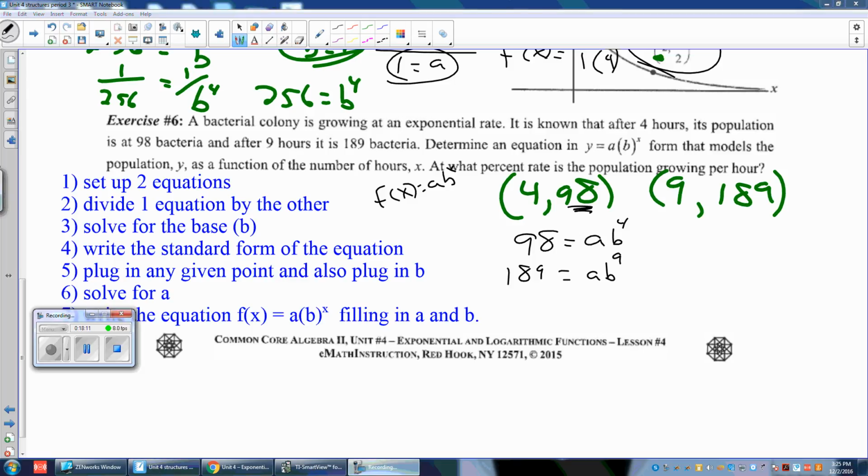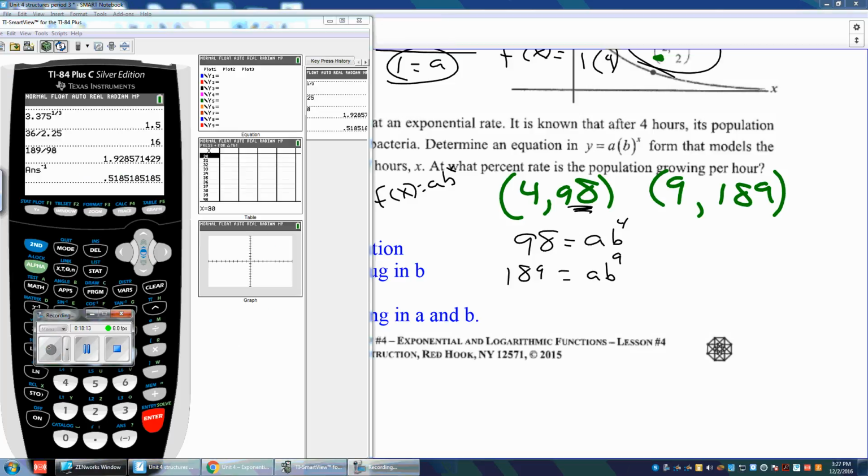We can divide these. Let's see what we get. I divided 189 by 98, and I divided 98 by 189. And then I decided, well, this is a growth. It's getting bigger as time goes on. So I'm going to do 189 divided by 98 and use that.